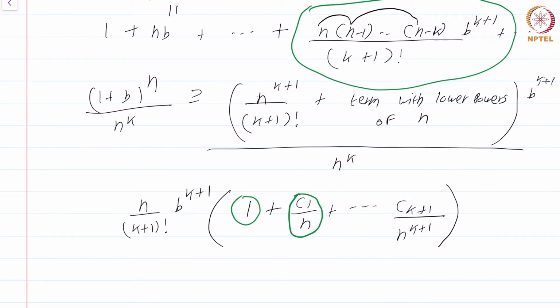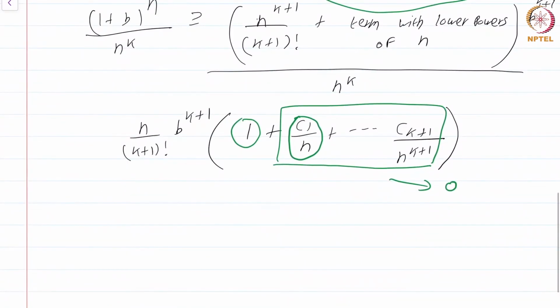Well, I did this because now all of these terms, irrespective of what the coefficients c1 to c k plus 1 are, go to 0. All of this converges to 0. So I am just left with n by k plus 1 factorial times b power k plus 1, and this clearly diverges to plus infinity.